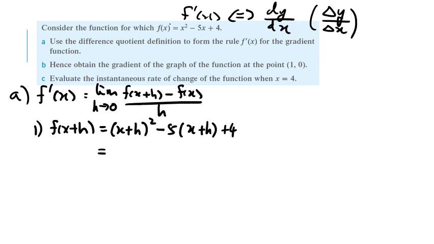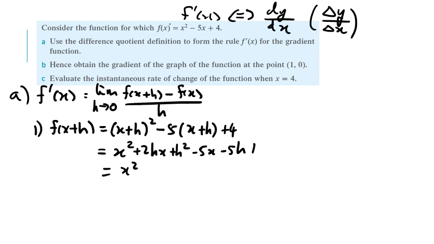Once you've done that, expand it. And yes, it does give you a messy expression. So that's x squared plus 2hx plus h squared minus 5x minus 5h plus 4. Then group anything you have that's common together.